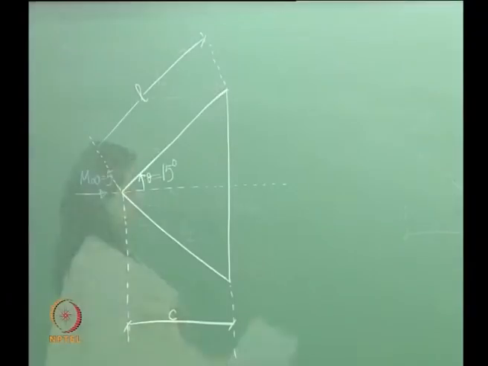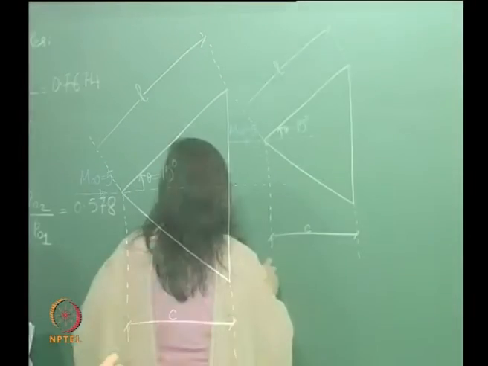So we basically have a wedge, and we need to calculate the drag coefficient. What we need to understand by drag coefficient, well, you would probably know this, I'll just write it.